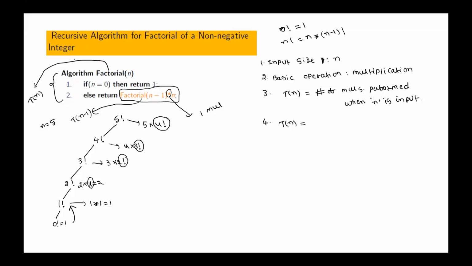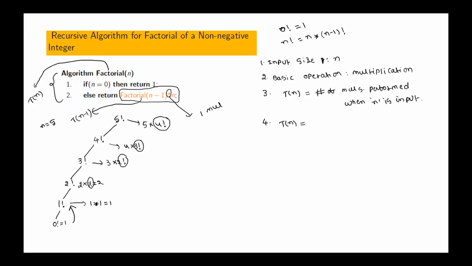Now, in order to calculate T of n, we need to calculate this value, and one additional multiplication we need to perform. Can you represent T of n in terms of its previous values? T of n minus 1 plus 1. Is it clear to everyone?